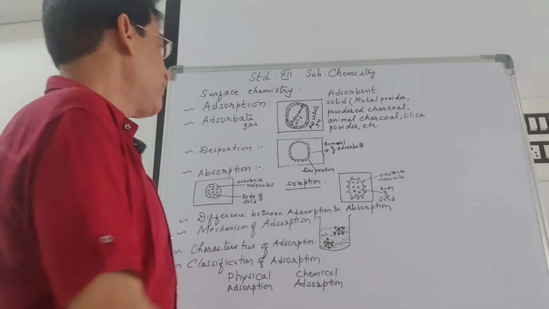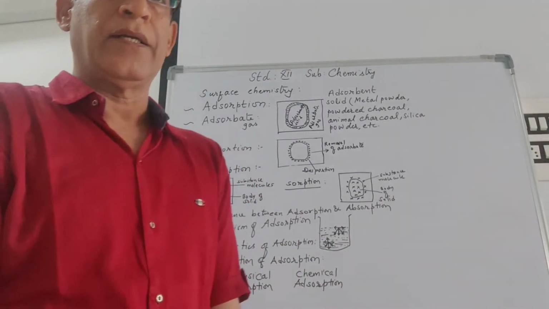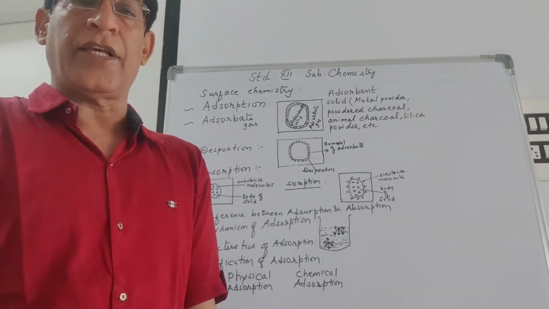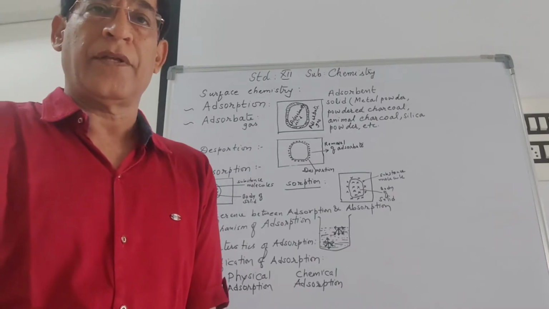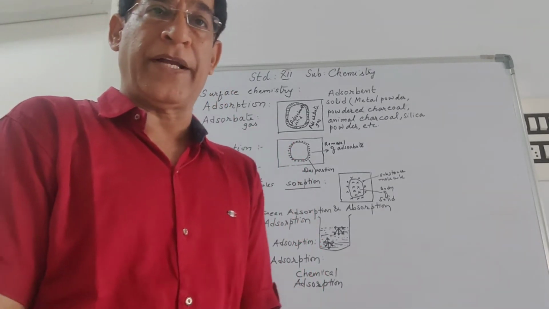Now, adsorbate and adsorbent. The substance which gets adsorbed on any surface is called adsorbate.